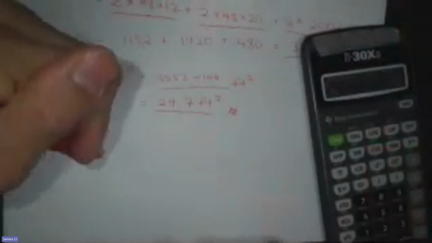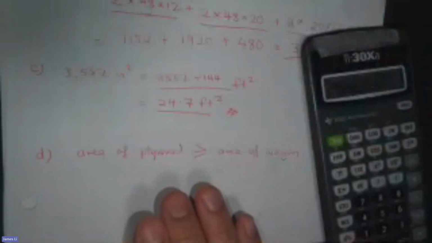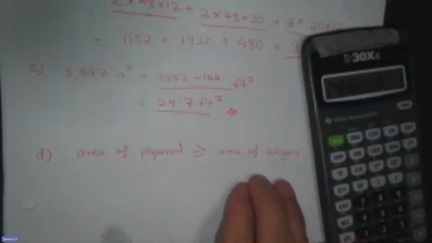So with that assumption in mind, I'm going to do my calculation. The area of plywood represents the amount of wood you have, and it has to be more than or equal to the area of the wagon. If your plywood is less than the area of the wagon, you do not have enough wood to make the wagon.